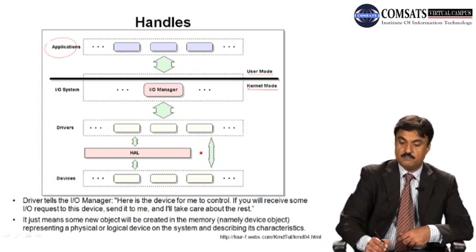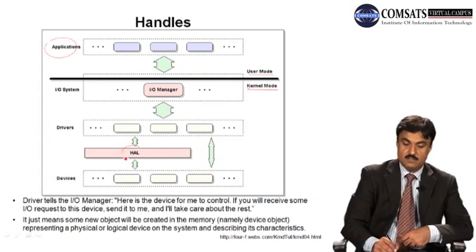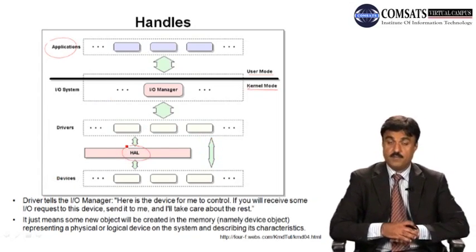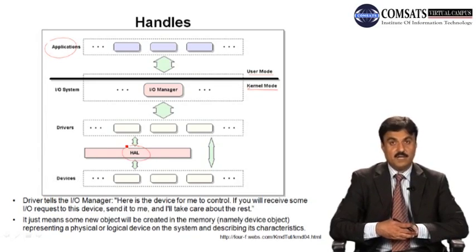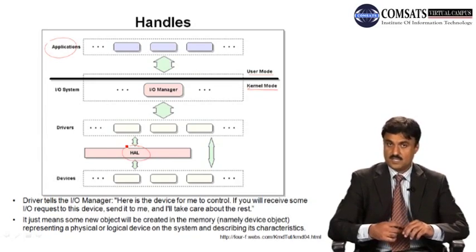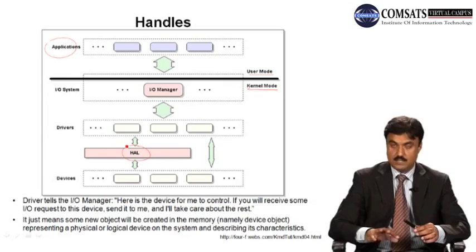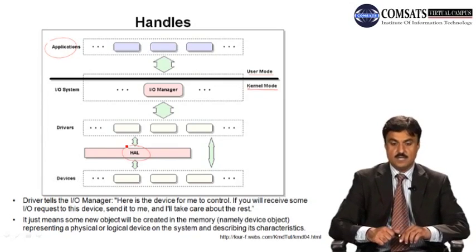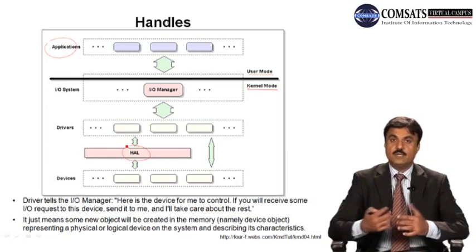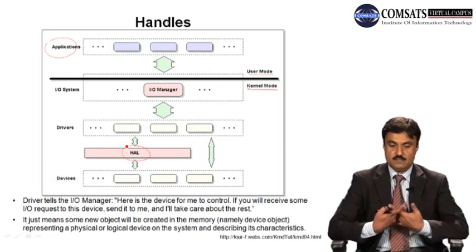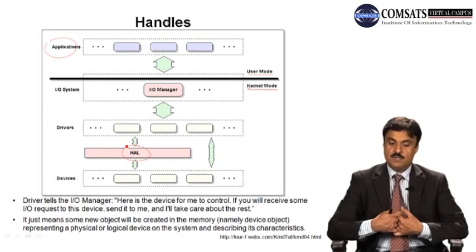Drivers sometimes directly control the devices, and sometimes handles, or objects, are created by the drivers to handle the devices. Whenever you want to interact with these devices, either input or output devices, we need these handles for the objects, so that we do not interact directly with the devices but interact with them through these handles.